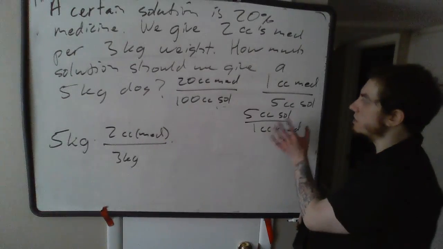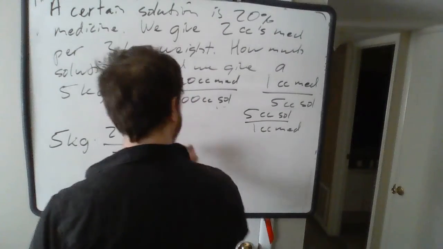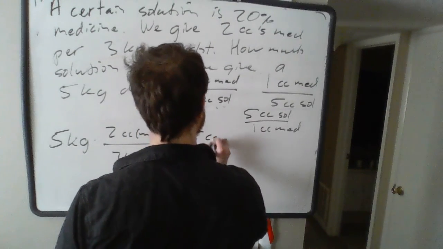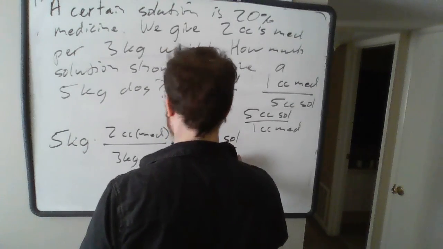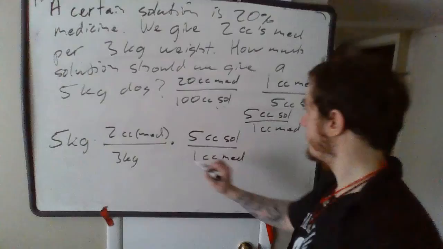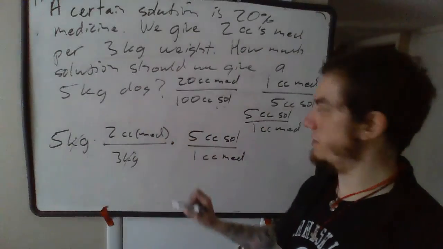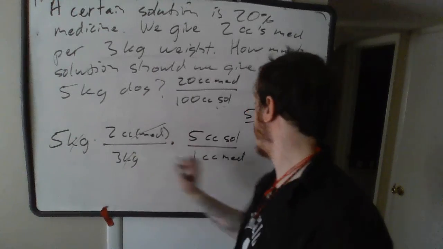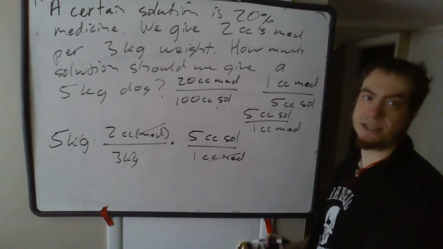So I take the reciprocal of this concentration, and now I can multiply by 5 cc's of solution per 1 cc of medicine here. The kilograms already canceled. I just hadn't crossed those out. Cc's of medicine cancels with cc's of medicine, and I'm left with cc's of solution.